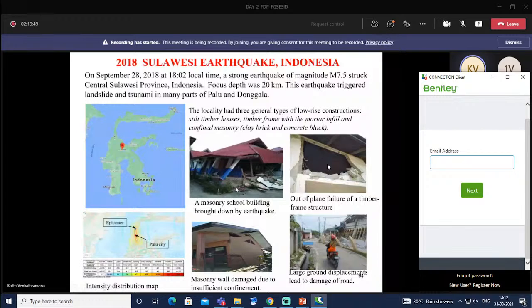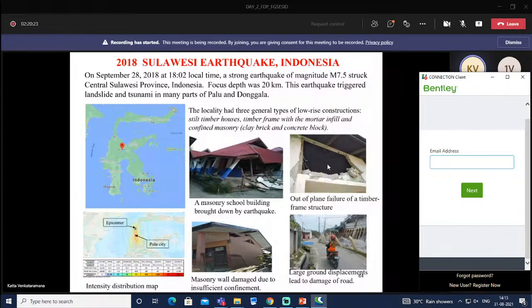A masonry school building failed here. Out-of-plane failure of a timber frame structure. Masonry wall damage due to insufficient confinement. And then large ground displacements led to damage of the road. So here you can see the lateral movement.